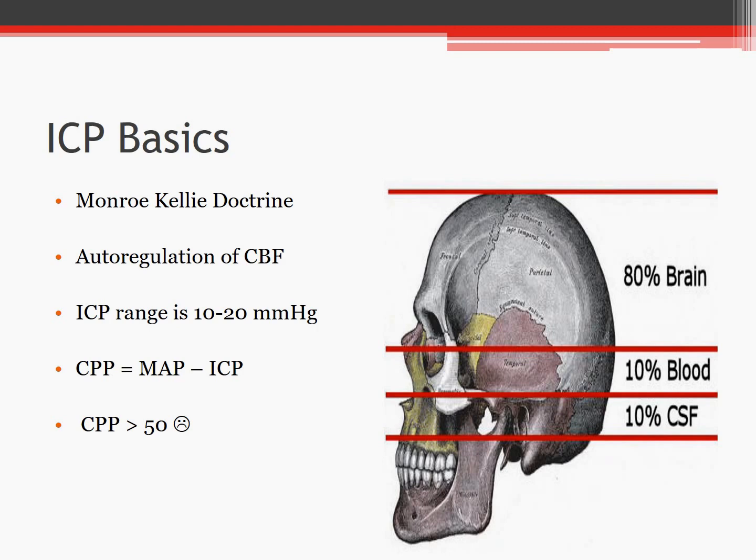There is a doctrine called the Monro-Kellie Doctrine that actually states that these three components, the brain, the blood, and the CSF fluid, have to remain in a relatively constant volume in the closed skull in order for the pressure to remain constant or have constant intracranial pressure.